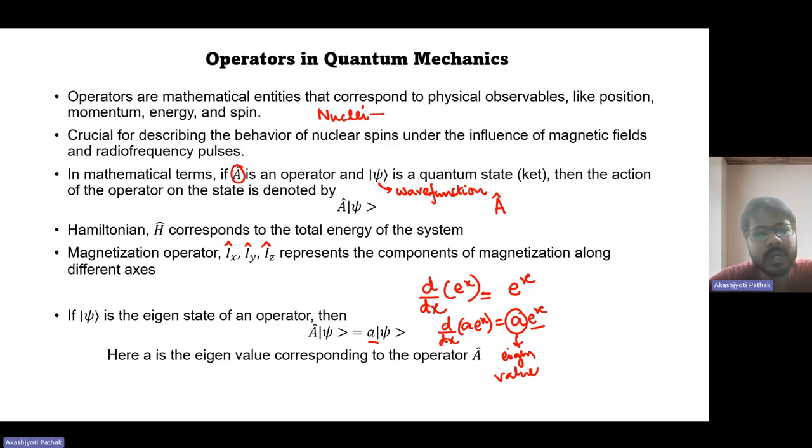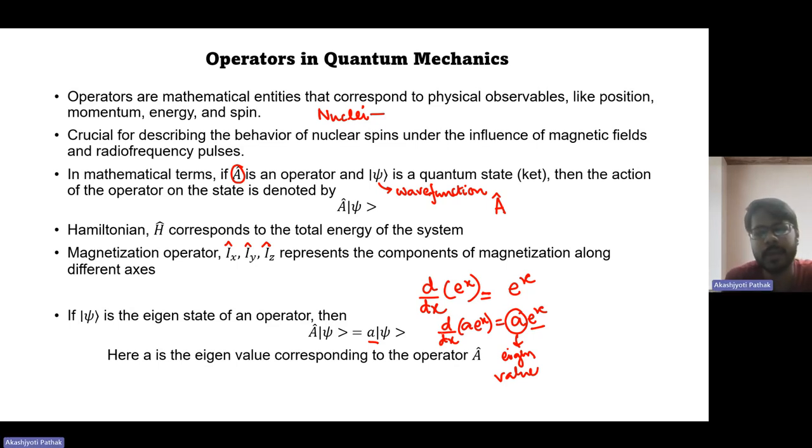And psi is the wave function. It describes all the information of a particle, which is given by the wave function of that particle.